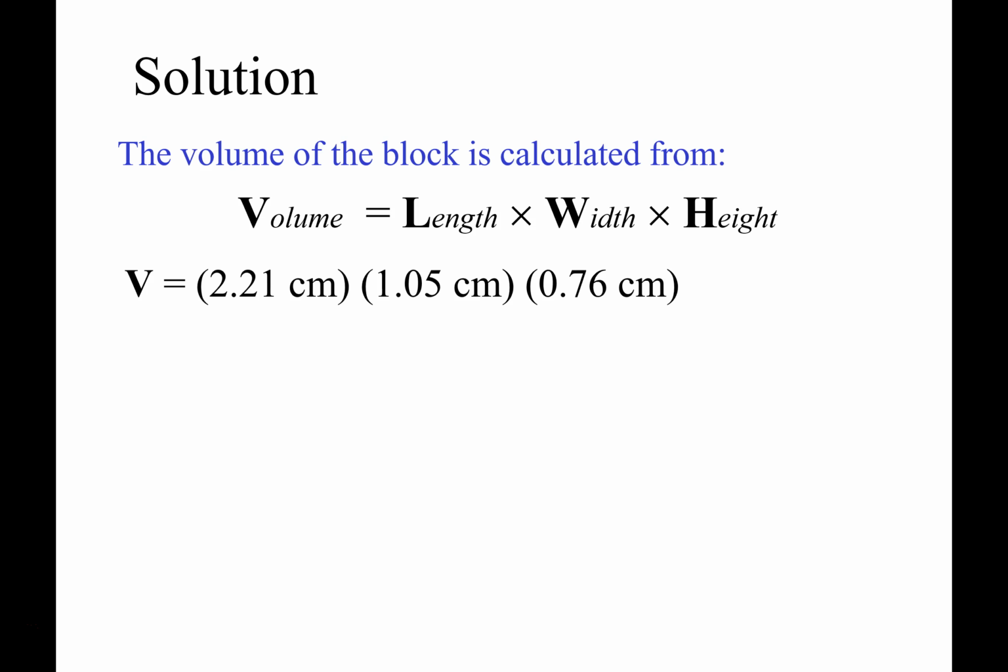So 1 times 1.05 times... Okay. So you guys told me 2 sig figs. I get 1.76358. So 2 sig figs from left to right. I'm going to write it down.